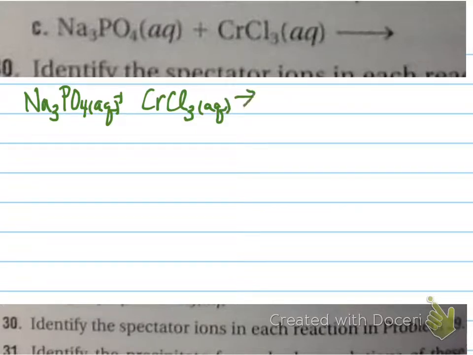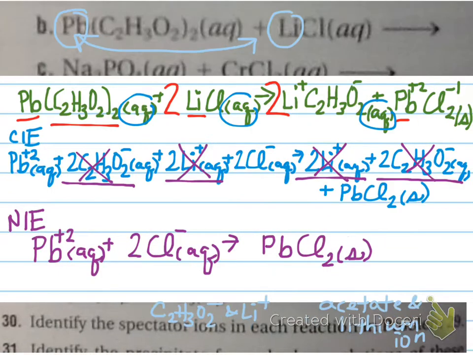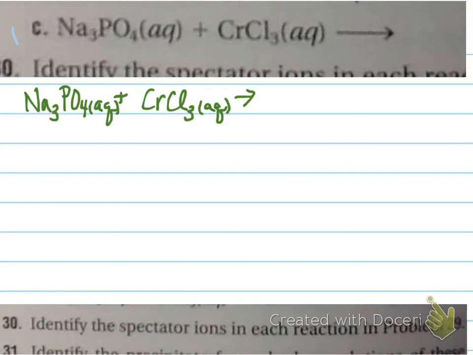And again, this is a double replacement reaction. So, sodium and chromium are positively charged. They're going to swap partners. So, sodium has a charge of +1. It's now going to be paired with chloride, which is -1.